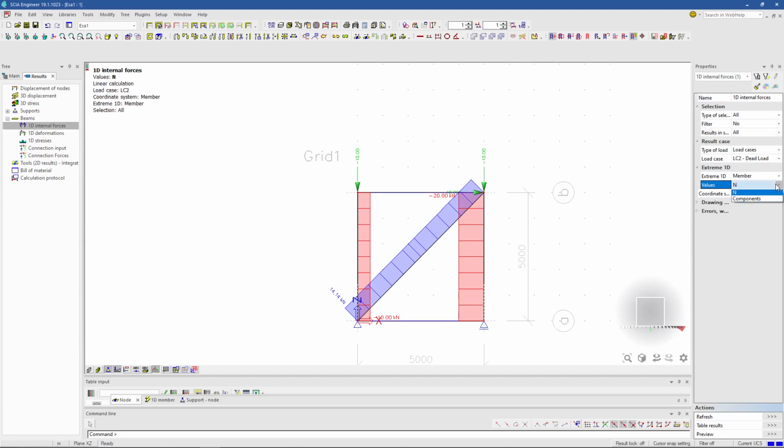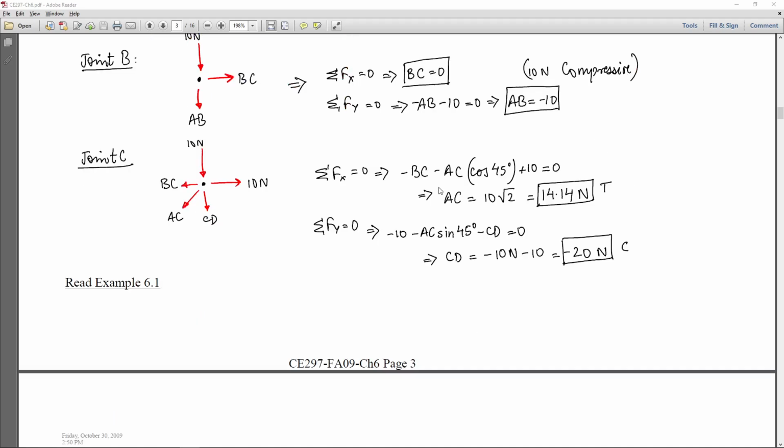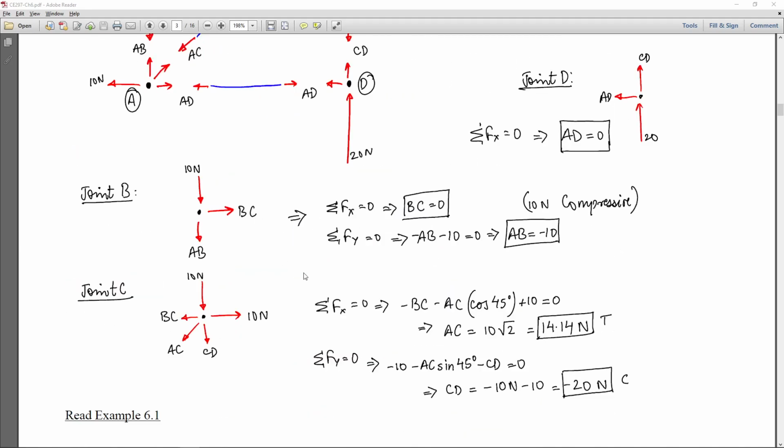So we're checking up on our members. What do we have?